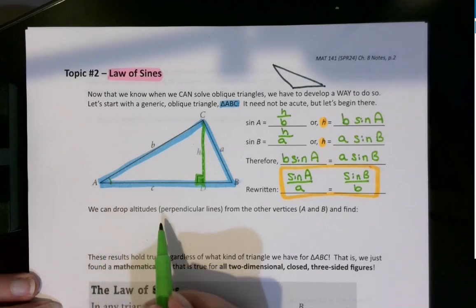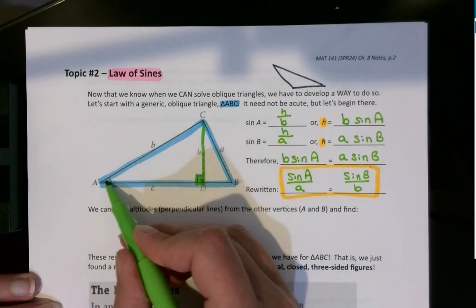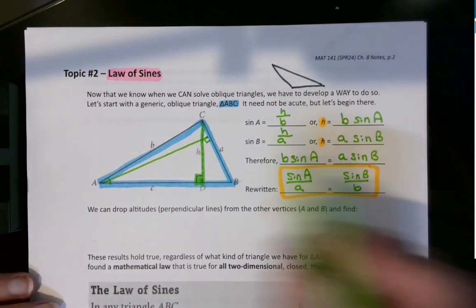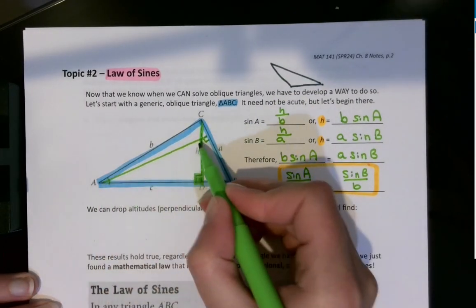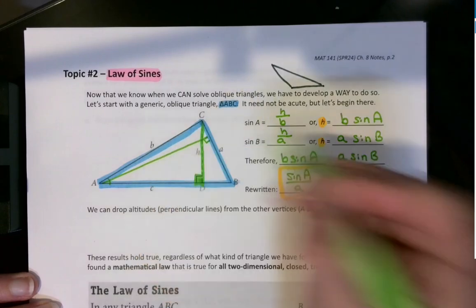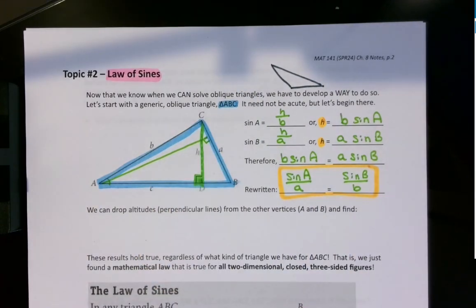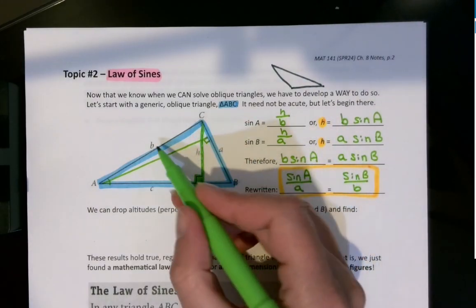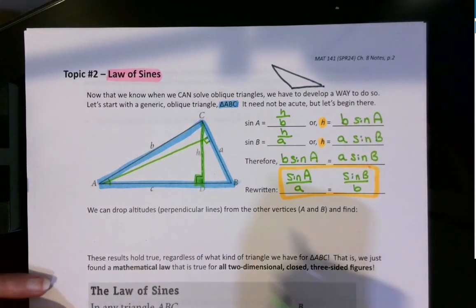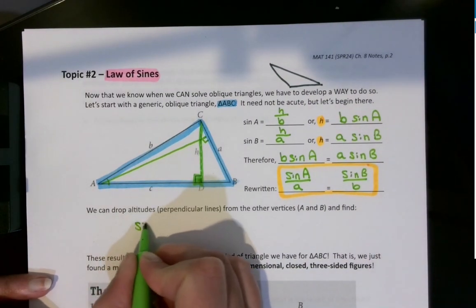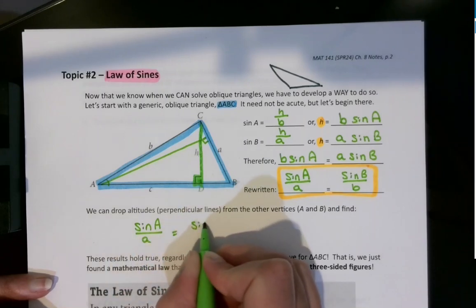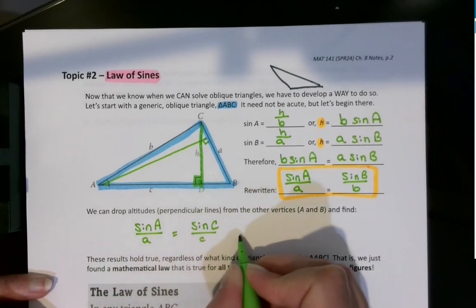So we can drop altitudes, aka perpendicular lines, down from other sides. Like this looks like approximately 90 degrees. I'd need to measure it. But I could drop this hypotenuse, give it a name H, and I could do similar lines for the other vertices. And then I would be able to do one about side C, and I can get the relationship similarly that sine of A over little a equals sine of C over little c.